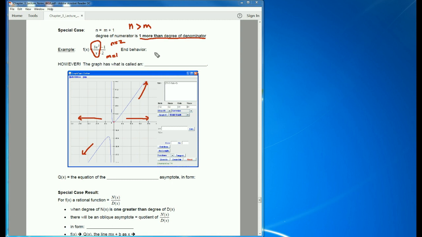In other words, the end behavior, in shorthand notation, is f of x approaching plus or minus infinity as x approaches plus or minus infinity. So it is still unbounded behavior, but this time it's a little different because the graph has what is called an oblique asymptote.